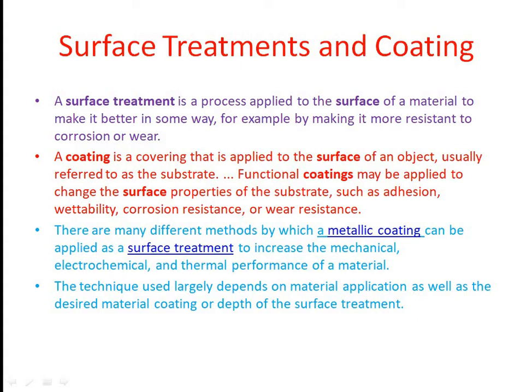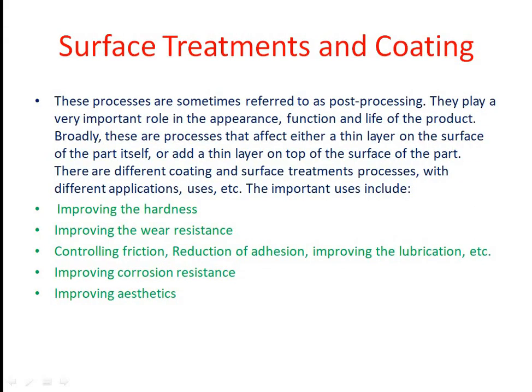Now there are many different methods by which metallic coatings may be applied, such as surface treatment, which is used to increase the mechanical, electrochemical and thermal performance of the material. The technique largely depends on the material application as well as the desired coating or depth of the surface treatment.